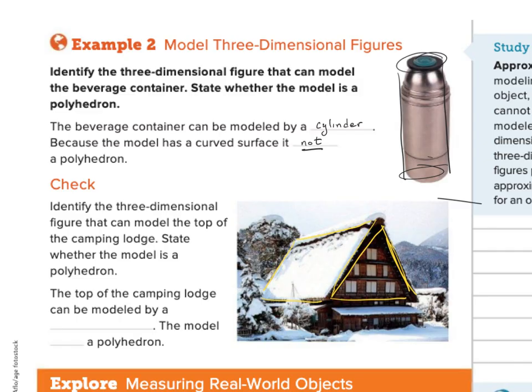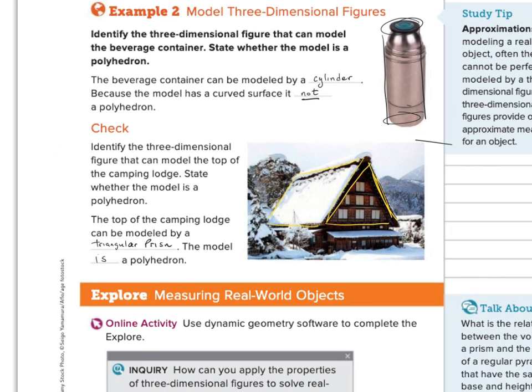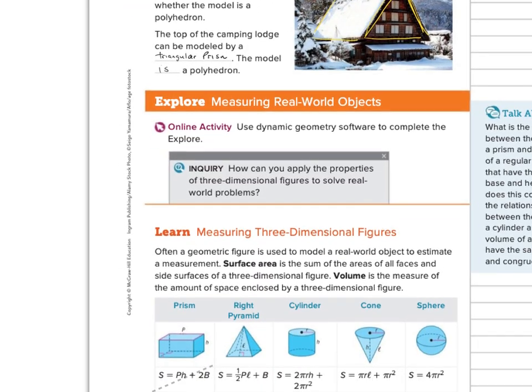And then it says the top of the camping lodge can be modeled by a triangular prism. And the model is a polyhedron, because we don't have any rounded sides that we can necessarily tell. So using those characteristics.